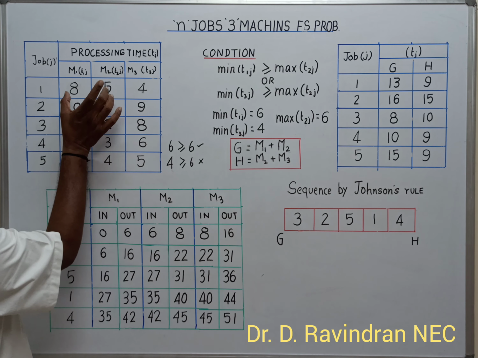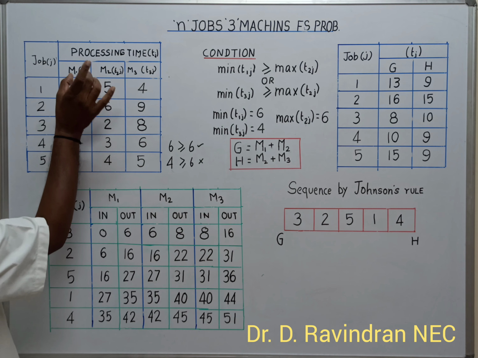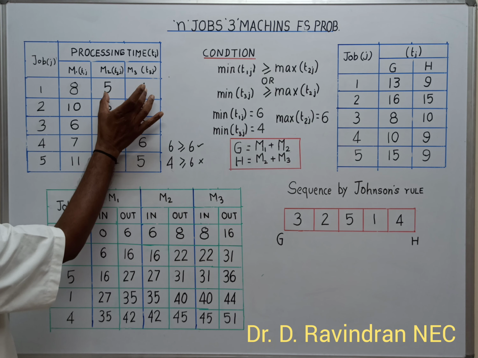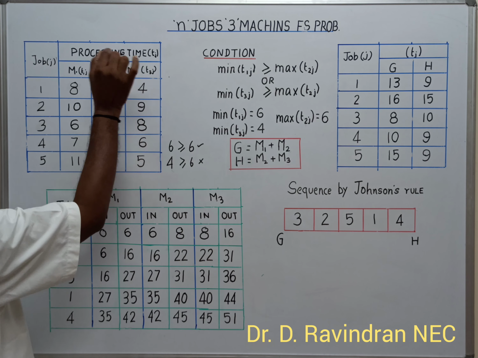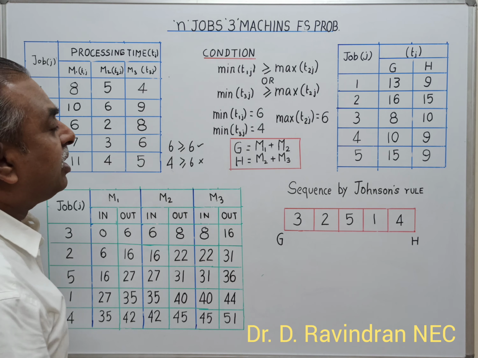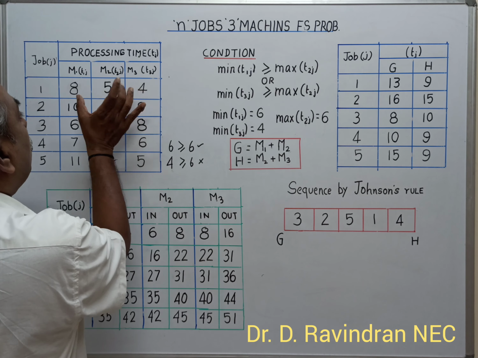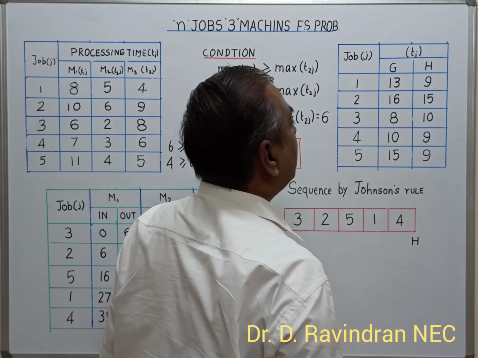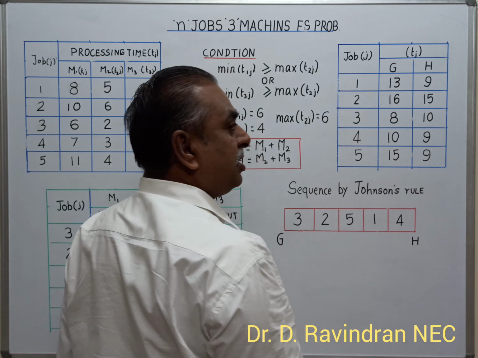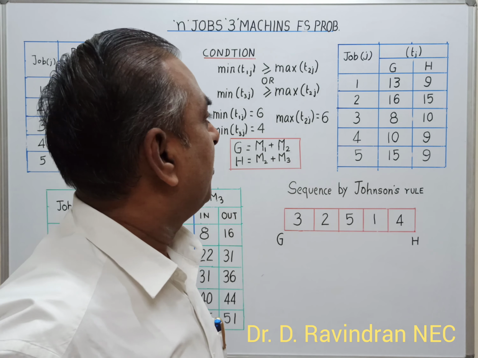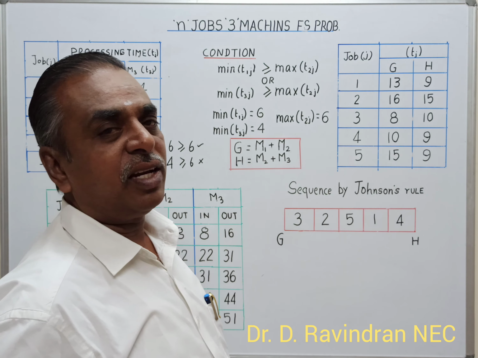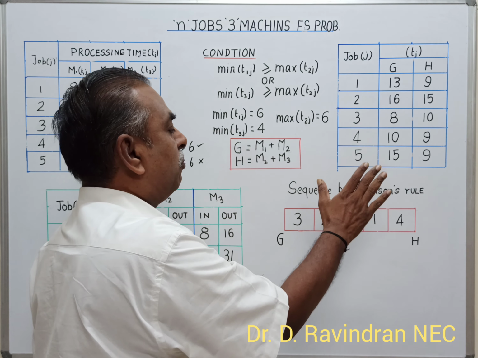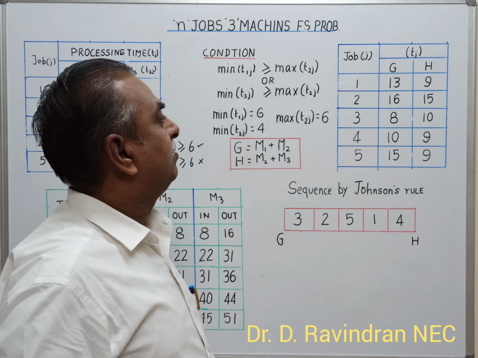That means you add these two processing times and put it as G, and add these two processing times and put it as H. In that case, these 3 machines can be converted into 2 machines, whereas the G and H machines are all imaginary machines only. There are no actual machines available. They are used only for predicting the sequence.